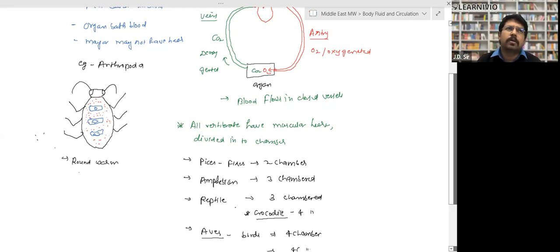Annelida have a closed circulatory system. And Echinodermata, they also do not have a heart. Echinodermata is starfish. They also have an open circulatory system. Note it down? Yes. Okay, fine.